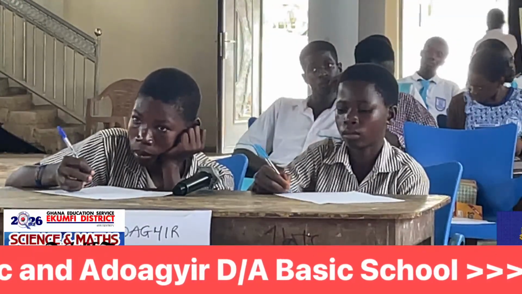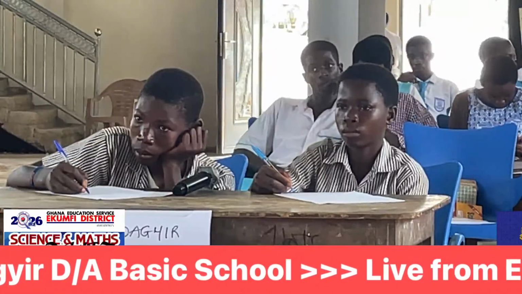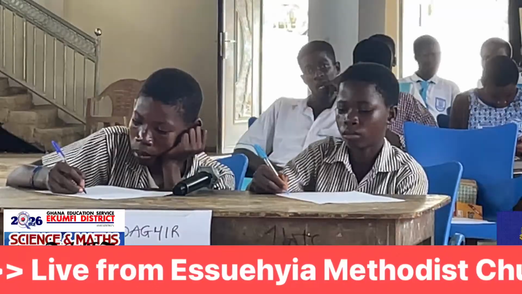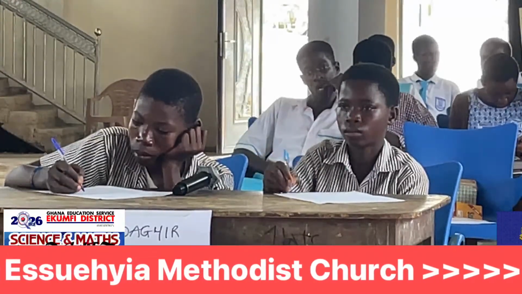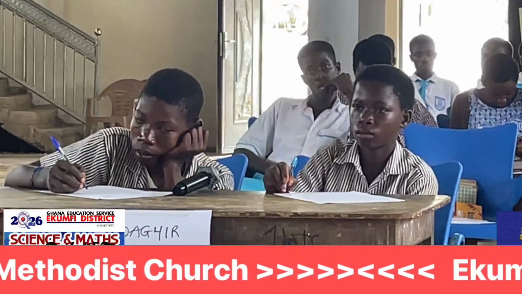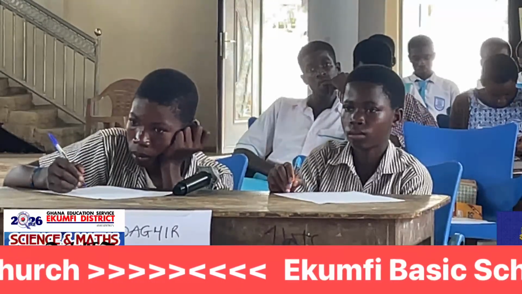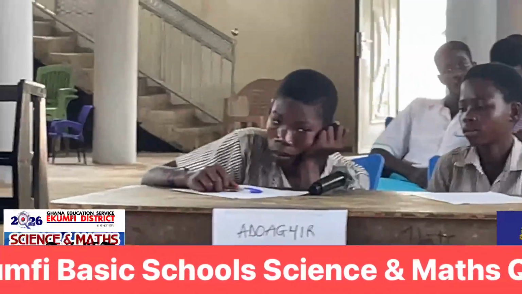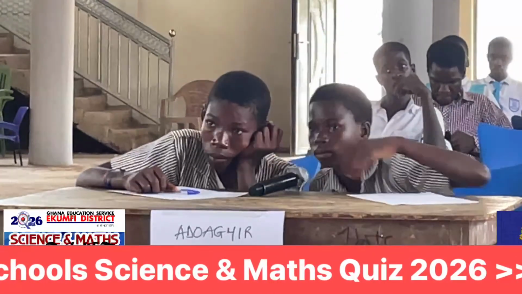The original price of the item before the discount was 280 Ghana cedis. True or false? False. That is correct.